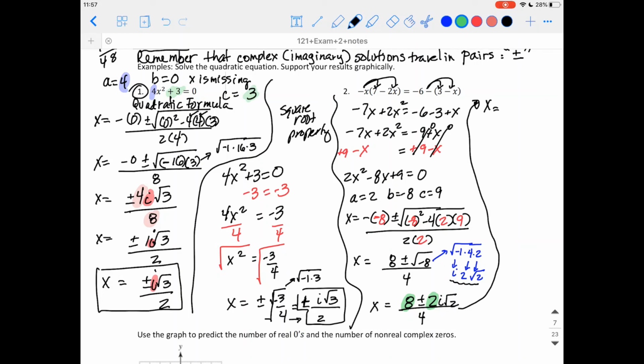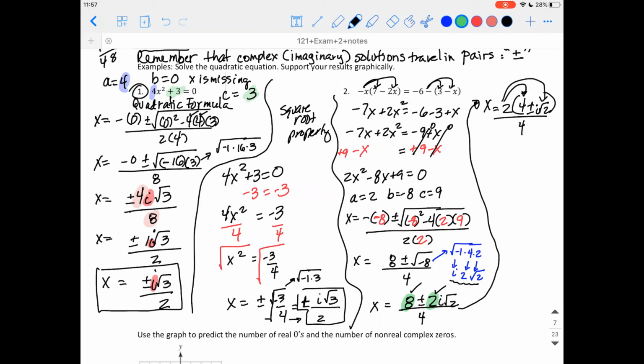I'm going to factor out a 2. So 2 times what gives me 8? Well, on a good day, 4. And then I'm going to have plus or minus. And 2 times what gives me 2i square root of 2? On a good day, just i square root of 2. And this is going to be over 4.